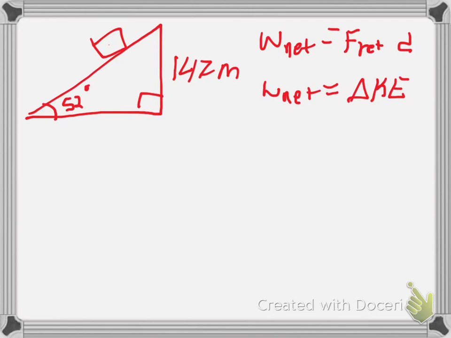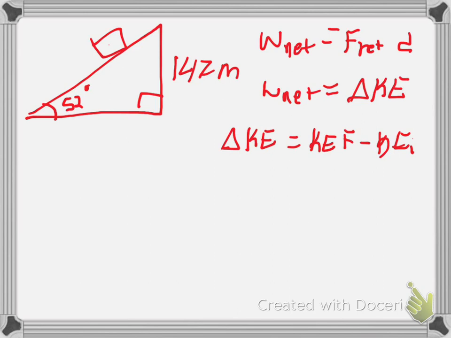So the nice thing about this problem is that they tell us the rock begins at the top of the pyramid at rest. And objects at rest don't have kinetic energy. So when we're looking at change in kinetic energy, which is usually kinetic energy final minus kinetic energy initial, our initial kinetic energy is 0.